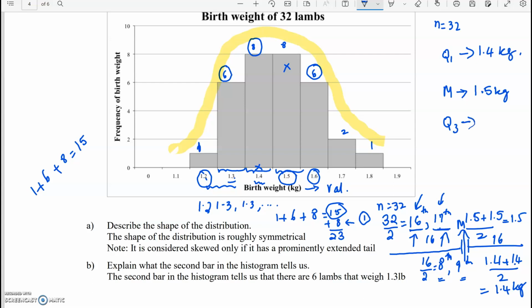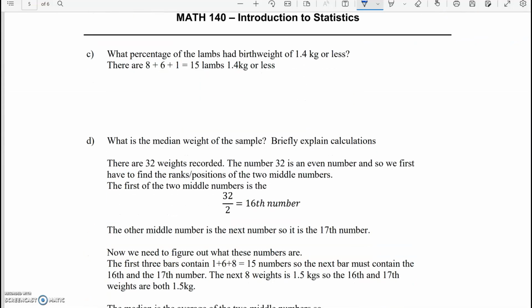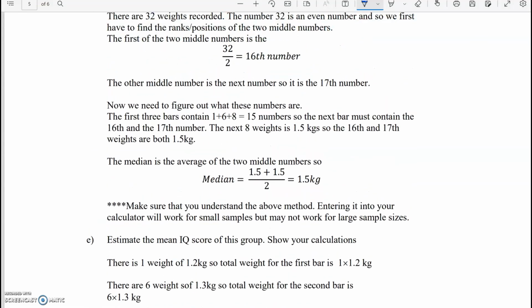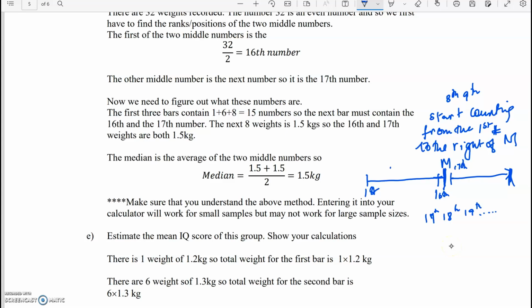Similarly, we find Q3, which is the 8th and 9th number on the right side of the median. The 8th and 9th numbers on this side of the median are the two middle numbers.